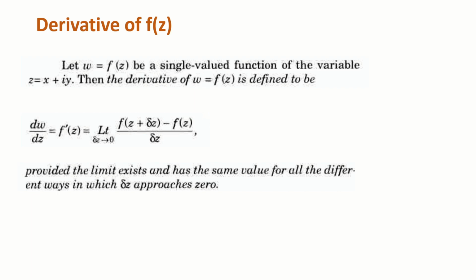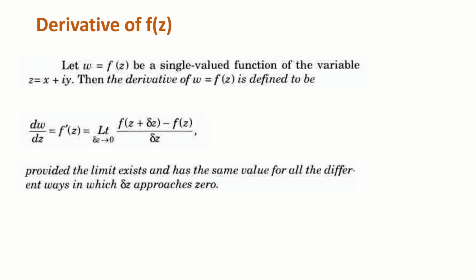Provided that the limit exists and has the same value for all the different ways in which delta z approaches 0. That is what we discussed just now, right? The limit which I apply to my complex function has to exist and has to have the same value for all different ways in which delta z approaches 0.